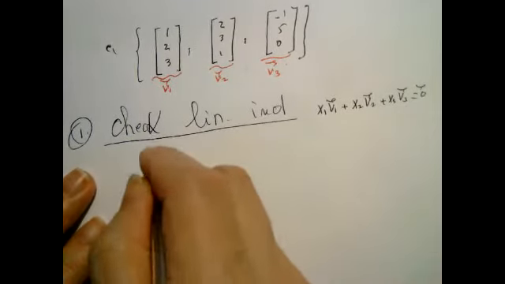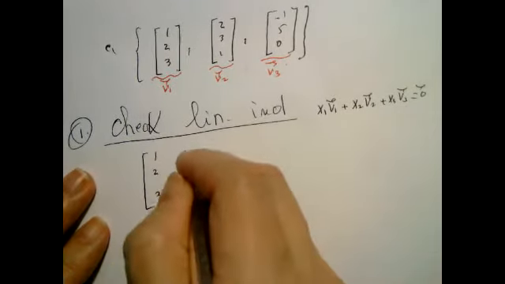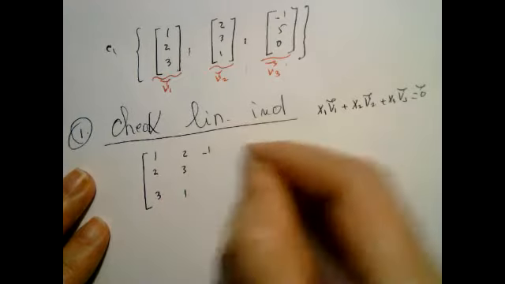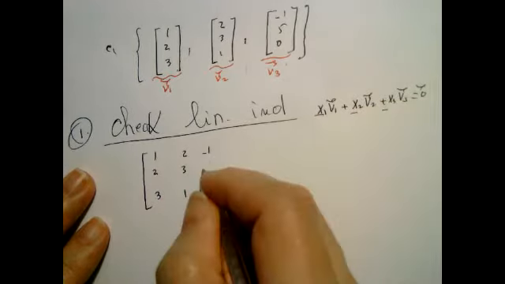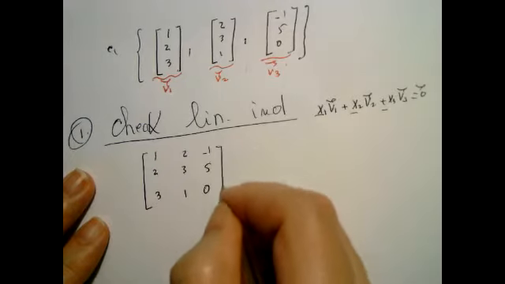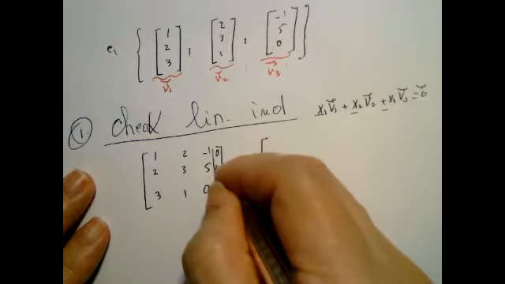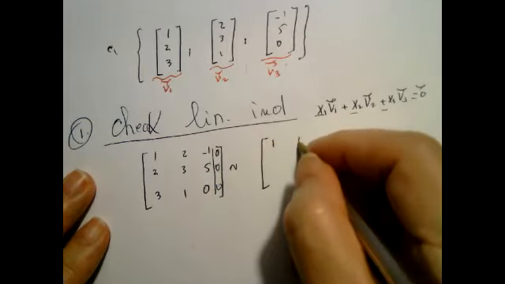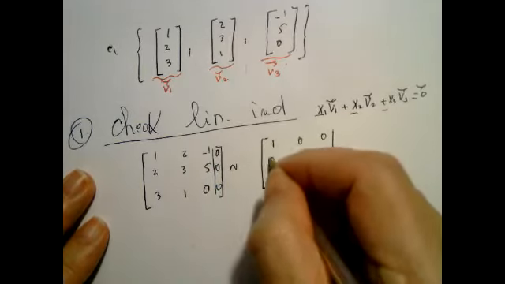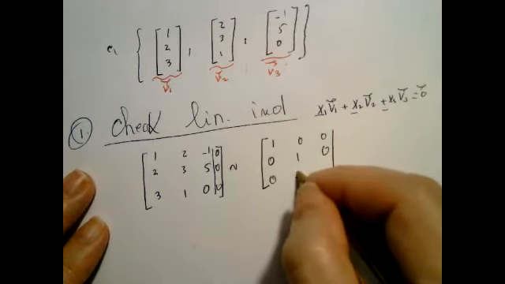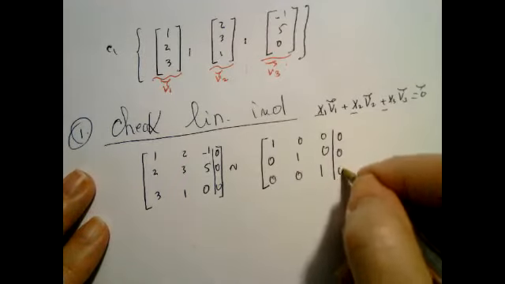So we have to put them in an augmented matrix to solve. Remember, I'm solving for x1, x2, and x3. And we row reduce, so you guys row reduce it. I won't do that now. I get this, 0, 0, 0.